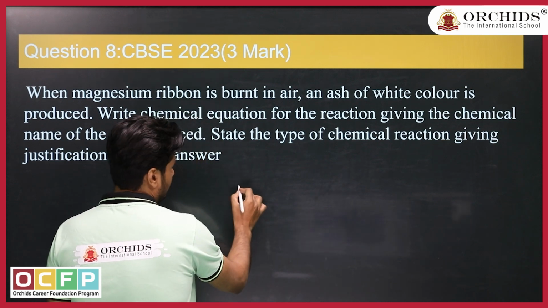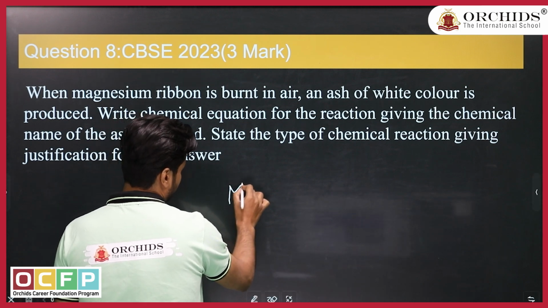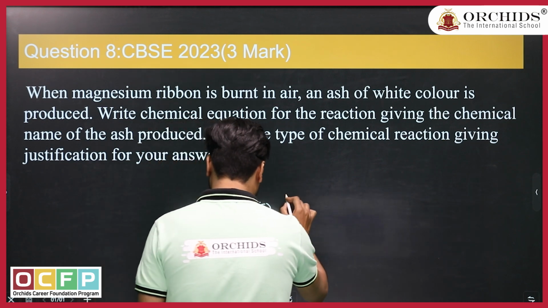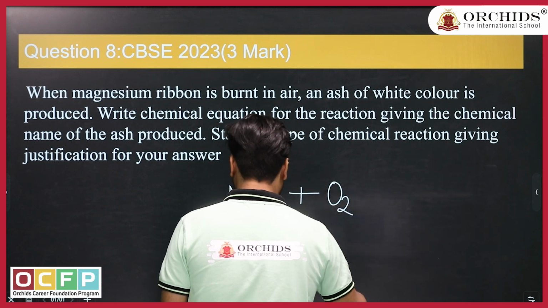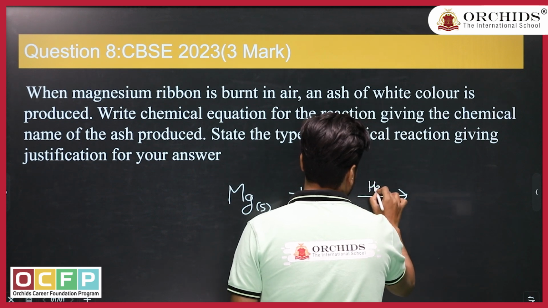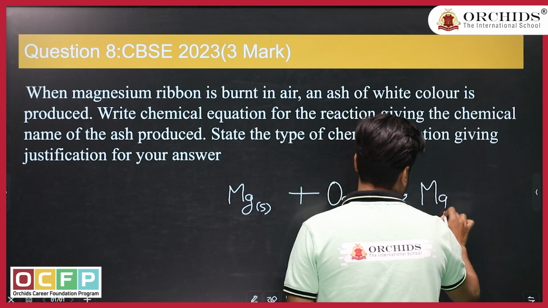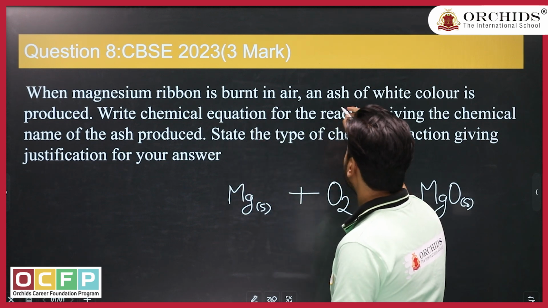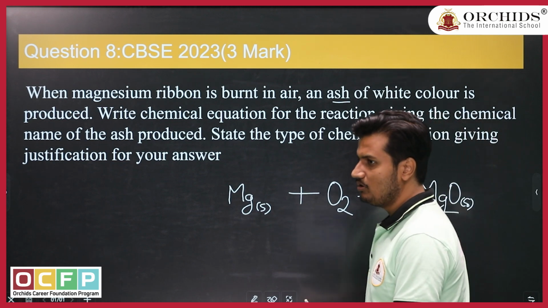Magnesium ribbon, that is Mg solid, combines with oxygen in the presence of heat, gives MgO solid, that is your ash. This ash is your MgO, magnesium oxide.